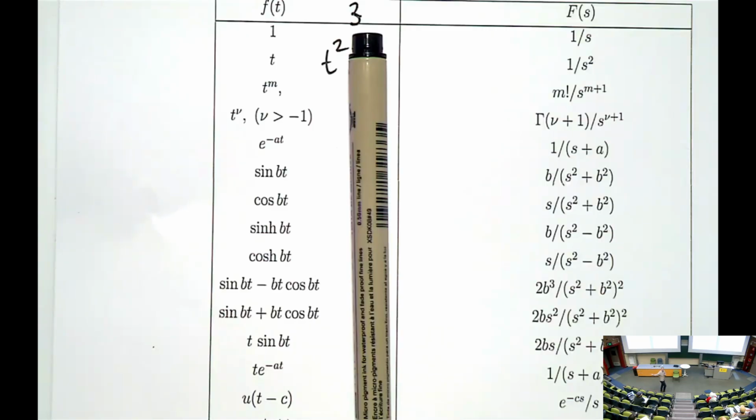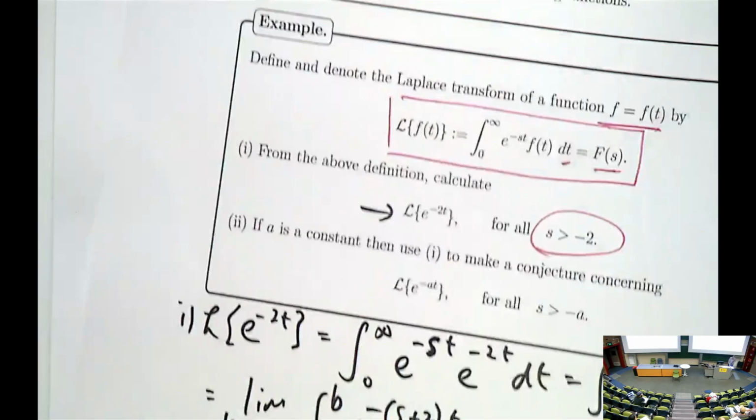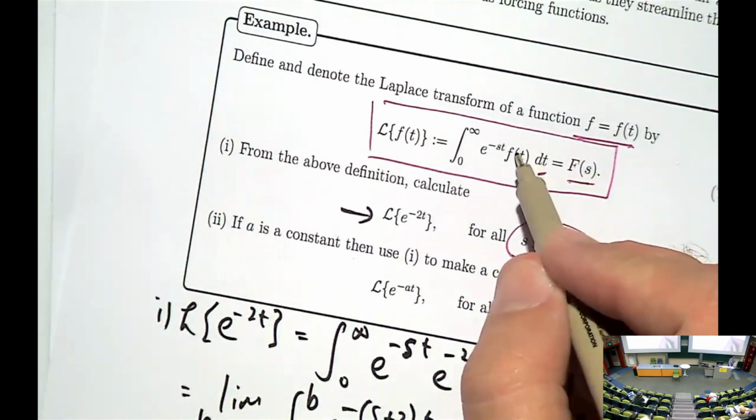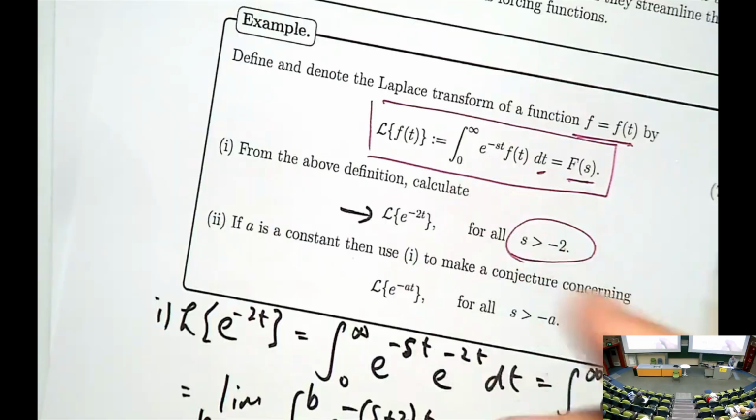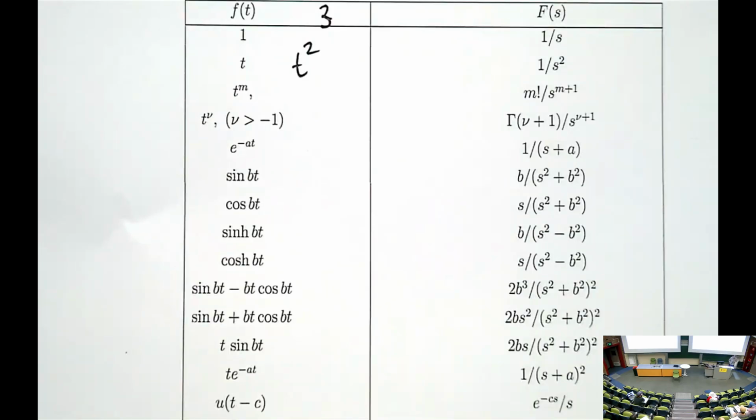Close. Okay? Because it's an integral transform, if you have a 3 here, you can pull the 3 out the front. So you multiply 3 by the original one, right? Okay, we've done that one.